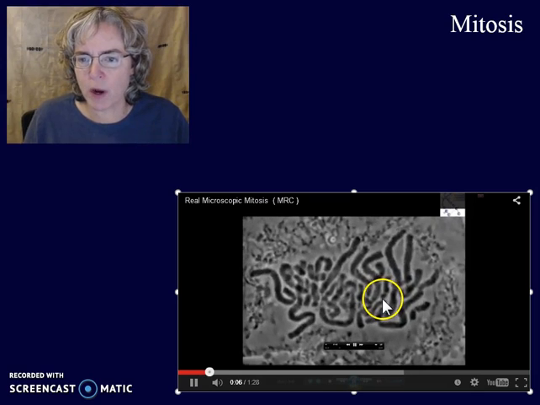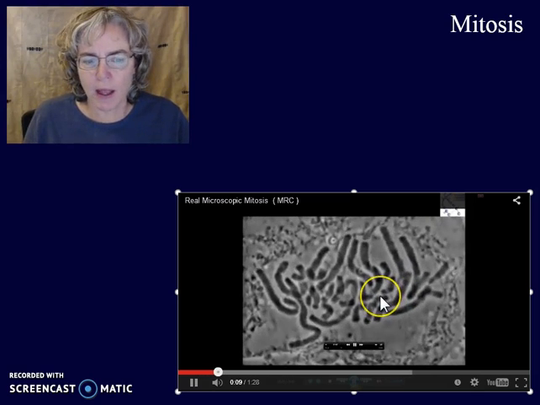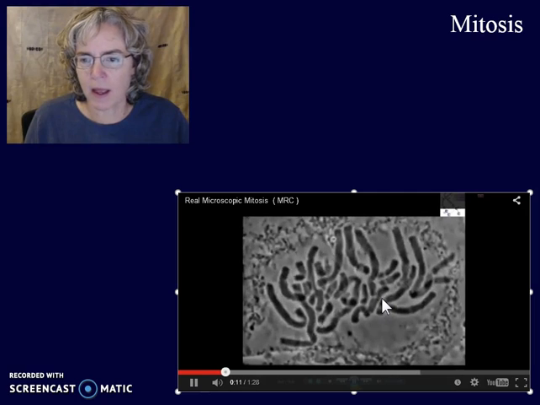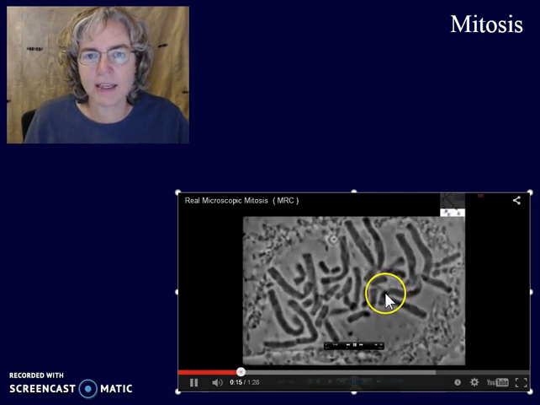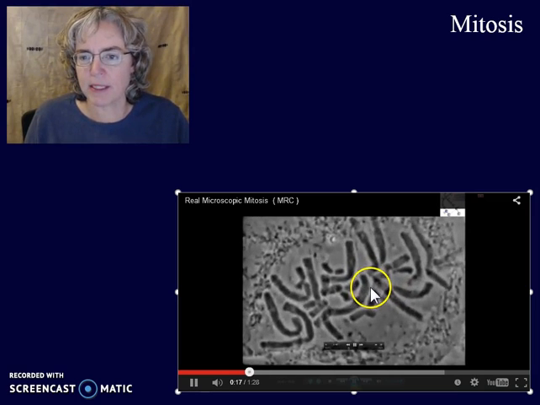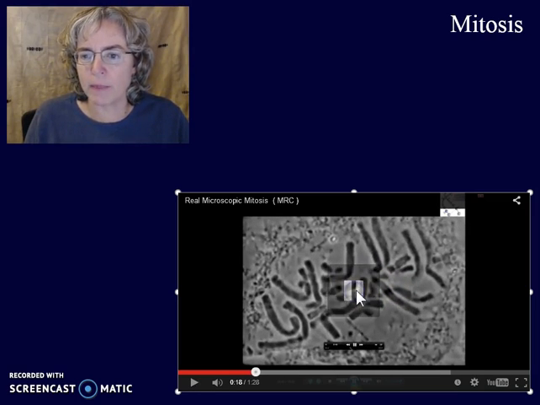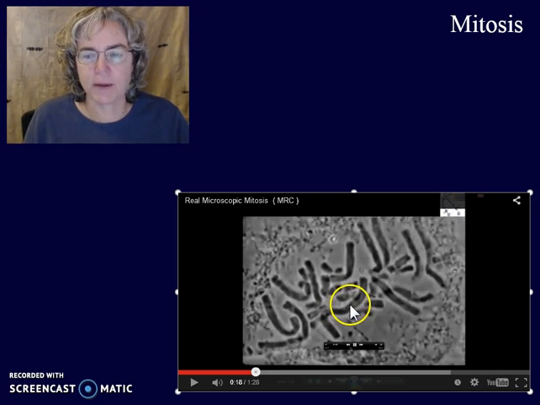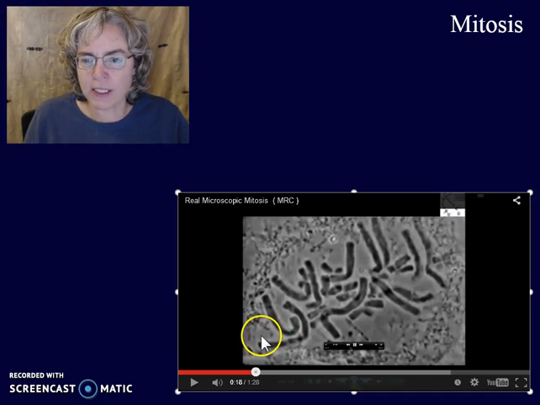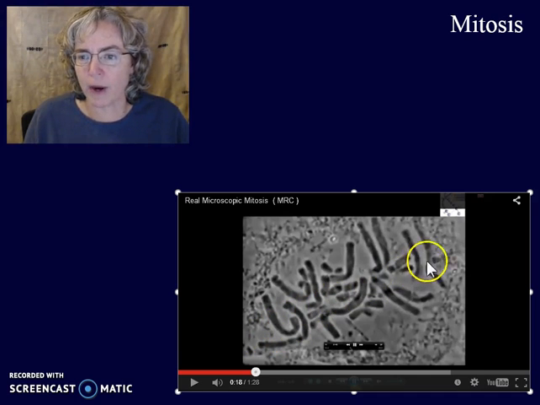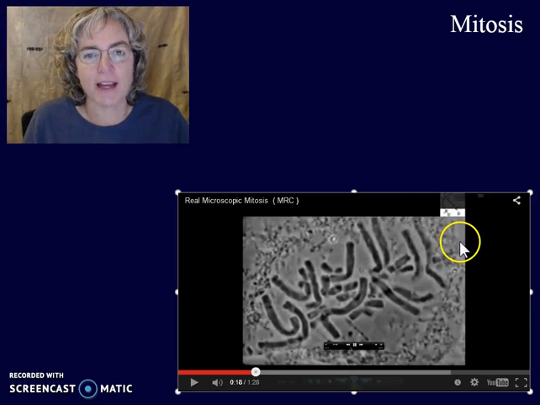Now this continuous process keeps going. But we want to highlight the next event that happens, and that's going to be metaphase. That's when these chromosomes are all brought to the center of the cell along a line right here called the metaphase plate.